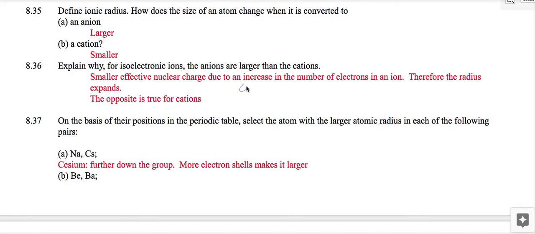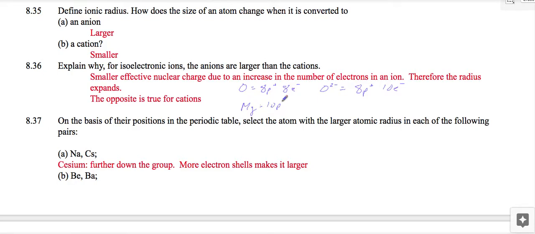If we have neutral oxygen, we have 8 protons and 8 electrons. If we have oxygen with a -2 charge, we have 8 protons and 10 electrons. There are 2 more electrons here, which means the effective nuclear charge from the nucleus is smaller. There are more electrons than protons, so the atom expands. The opposite would be true for something like magnesium.